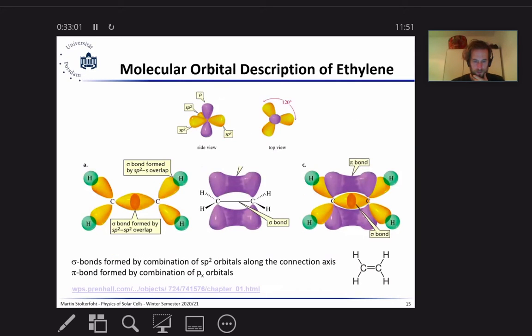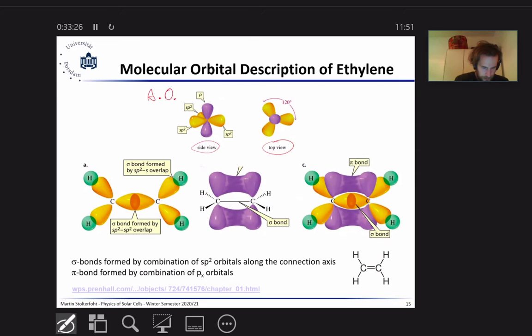All right, what do we have here? This is again a three-dimensional view of the atomic orbitals and the top view. And maybe this comes back to the question of how the bonds look like.